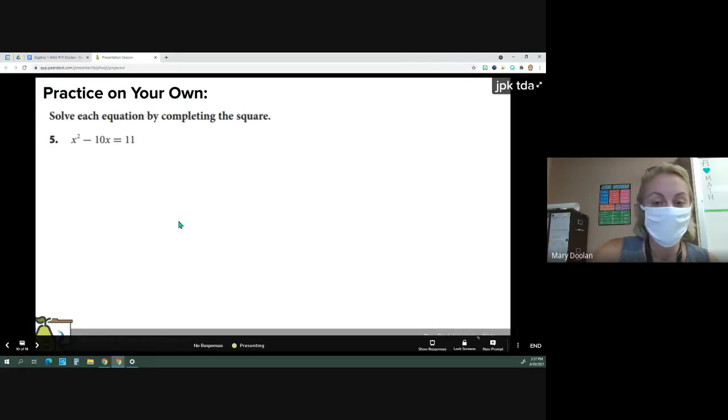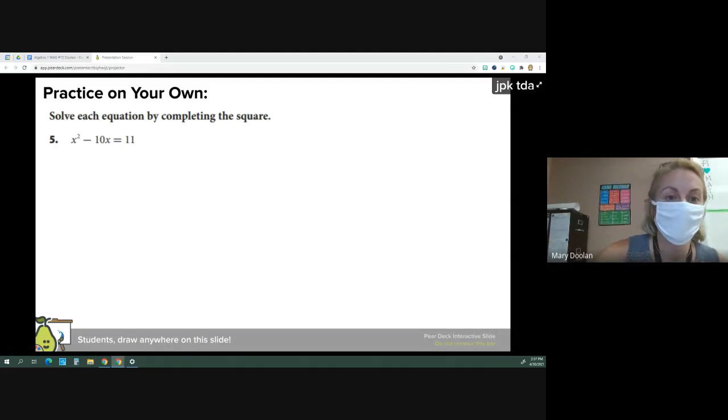to this equation. x squared minus 10x equals 11. And so to solve this equation, we want to complete the square, which means I need to figure out what b is. And then from that value of b, I'm going to add it to both sides.